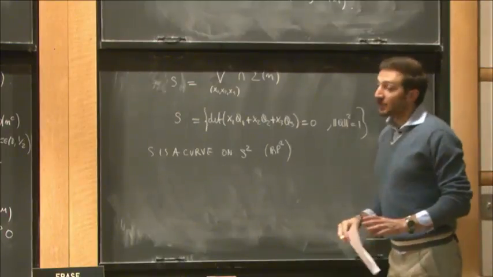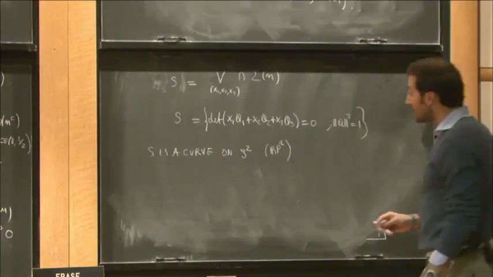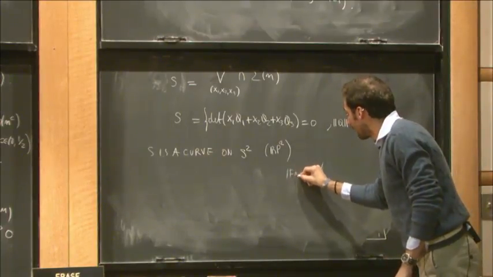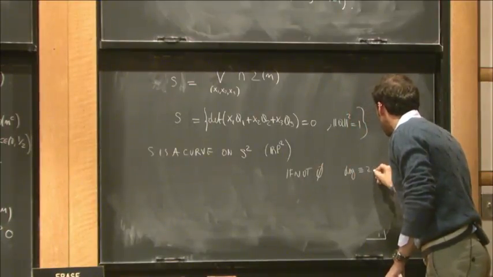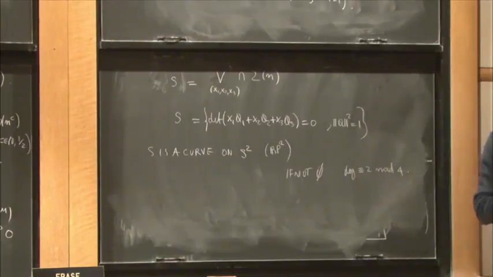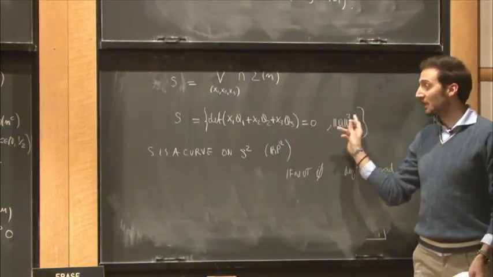The reason is that you give me your favorite real algebraic curve, as long as it's not empty and of degree 2 modulo 4. So as long as the curve you gave me does not have degree, say, 4m plus 2 and empty, as long as it's not this curve, then I can find you 3 matrices such that this curve can be written in this way.